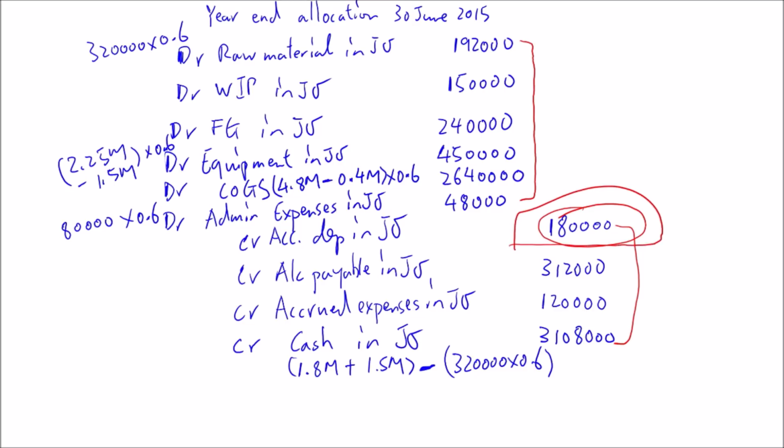Why is that? Because this amount of accumulated depreciation is based on the entire amount of 2.25 million of equipment recognized by the joint operation, but not entire amount of this is contributed by North. As a result, we are not going to use this number for calculation. We are going to do another calculation.